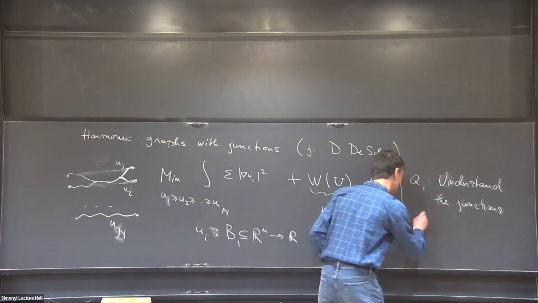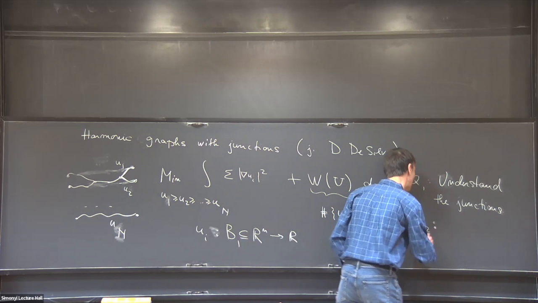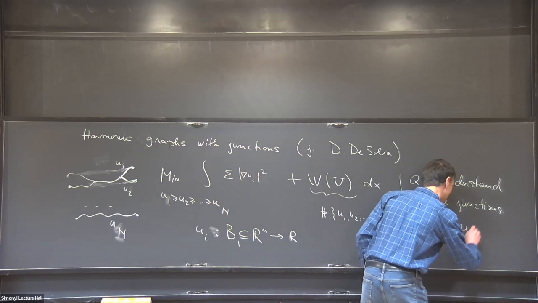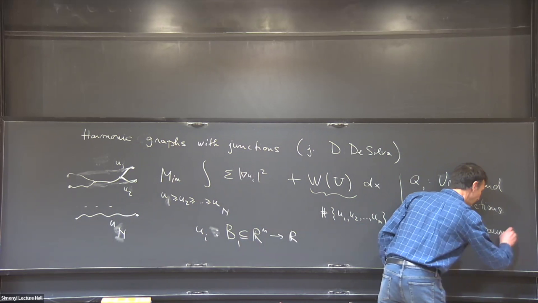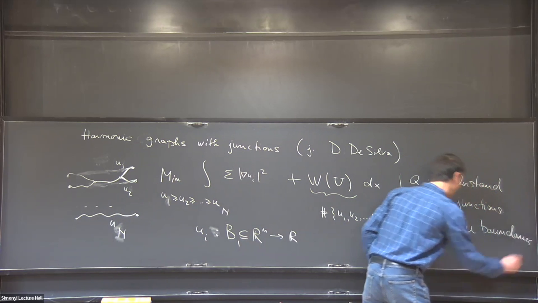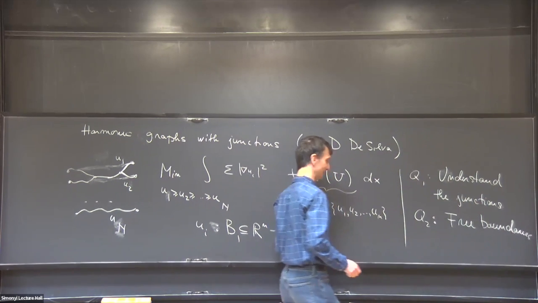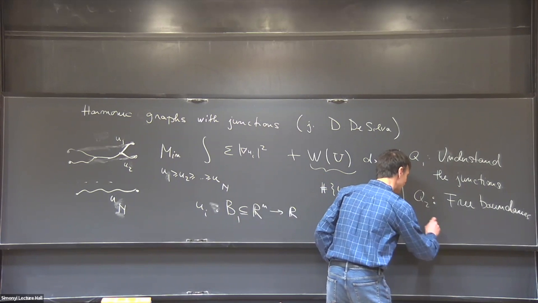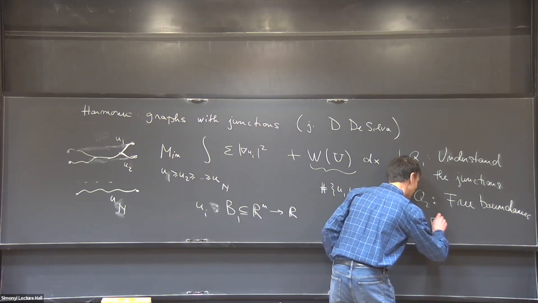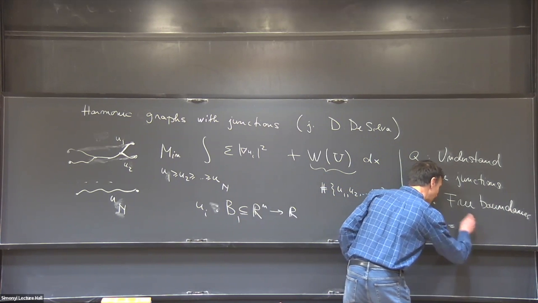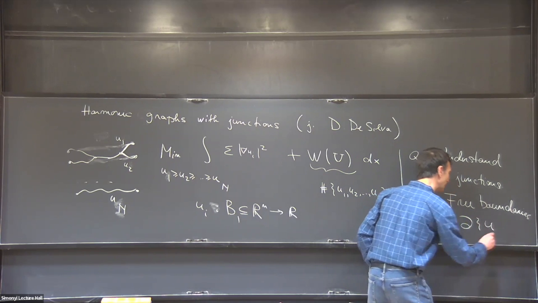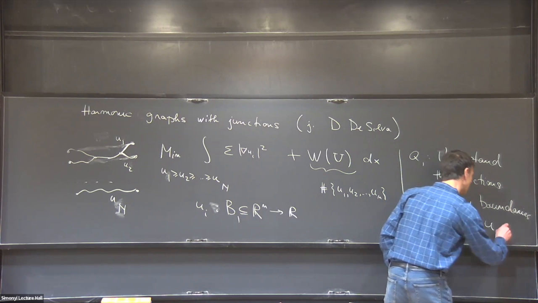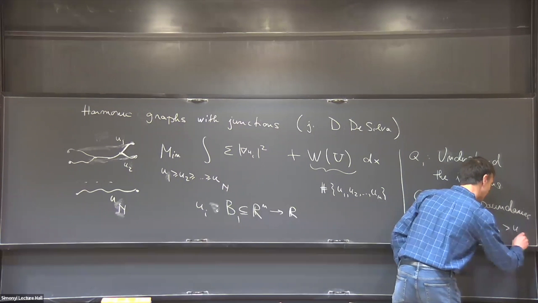The second question would be to understand the free boundaries. In fact, there are N-1 free boundaries here. The boundaries that I denote by gamma sub i are the boundary of the sets where Ui is bigger than Ui plus 1.